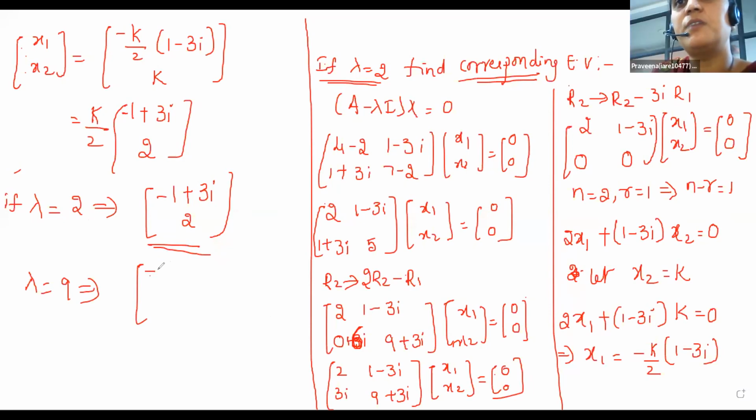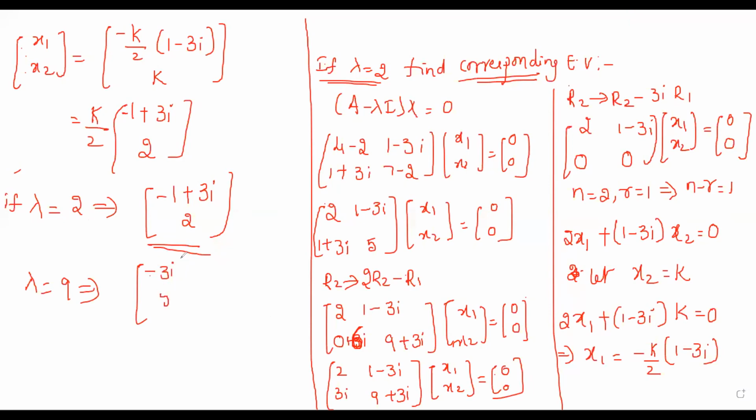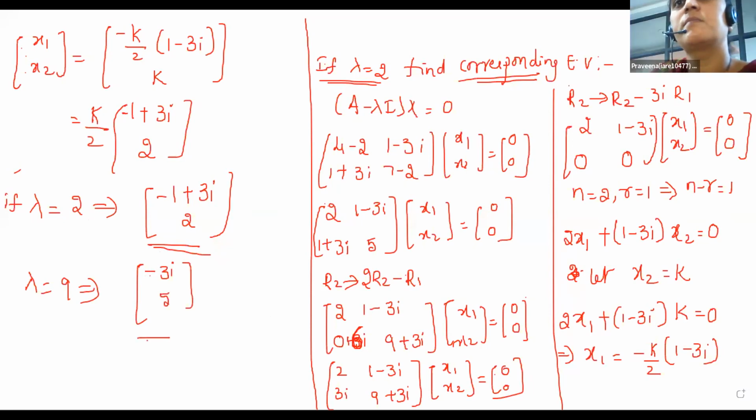Is it all of you got this same? Once you check it. 1 minus 3i, ma'am. Okay, 1 minus 3i and 5. Just continue that second case. Write down the answer for that second case. 1 minus 3i and 5. Once you verify, is it correct or wrong?